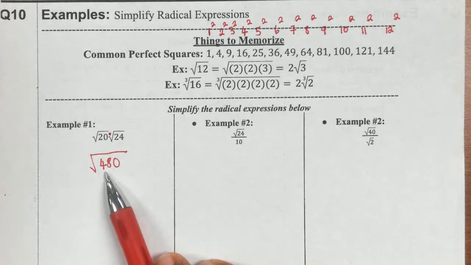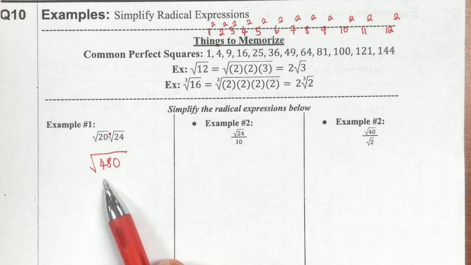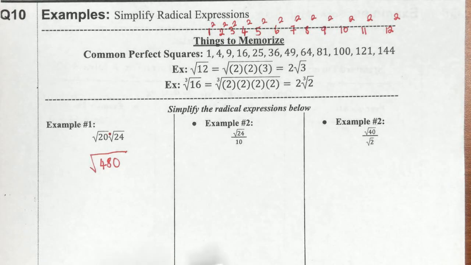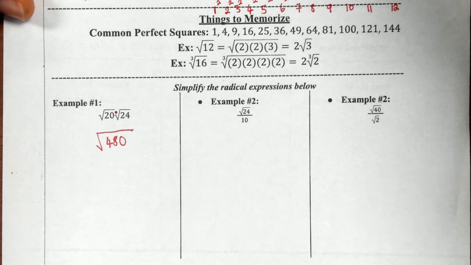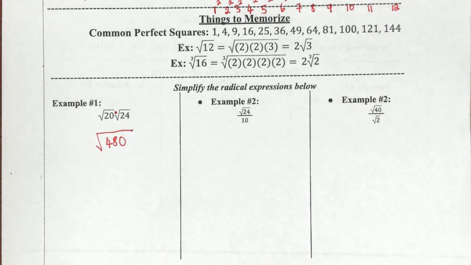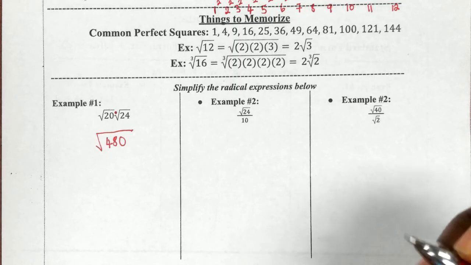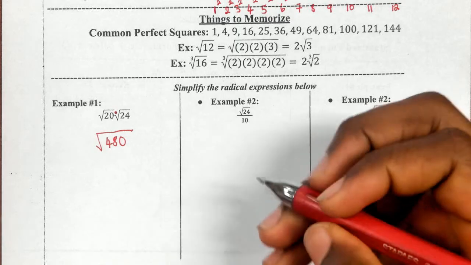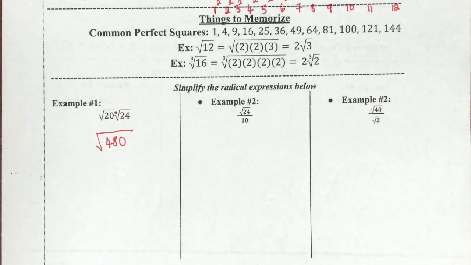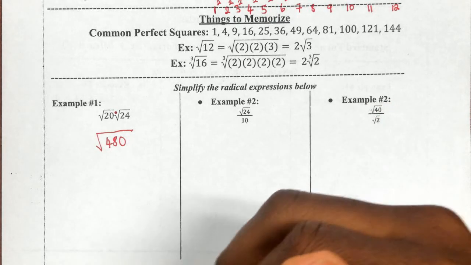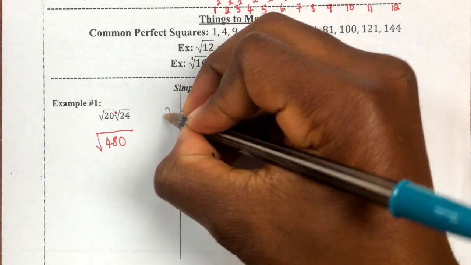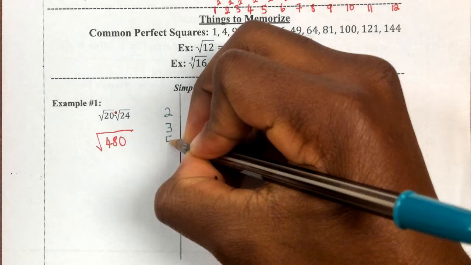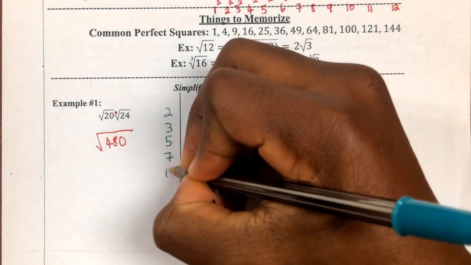I'm going to show you a method called prime factorization. There are other methods you can use, but prime factorization is the fastest way of doing this without a calculator. First, list out the first 5 prime numbers: 2, 3, 5, 7, and 11.